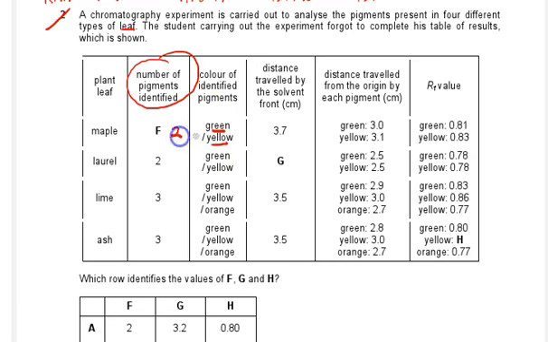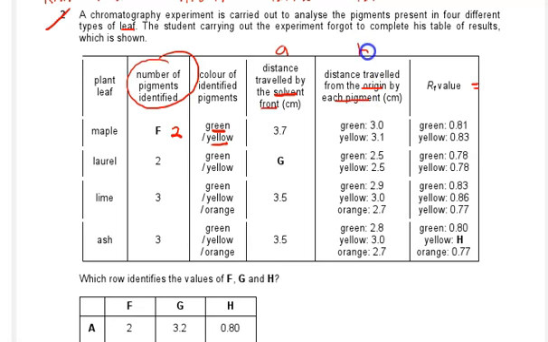So here's 2. Okay, now for the Rf value, let's label this as A, the distance traveled by the solvent front, and this as B, the distance traveled from the origin by each pigment.